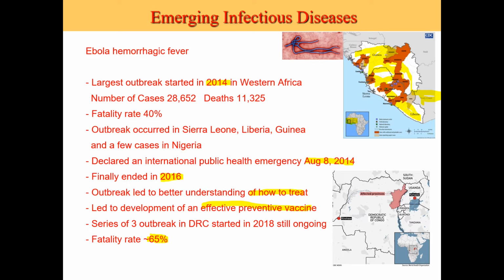And because humans have never been exposed to it before, it races through and causes epidemics or even pandemics. And Ebola is one of them. It's believed to originate in bats and occasionally carry over into humans.